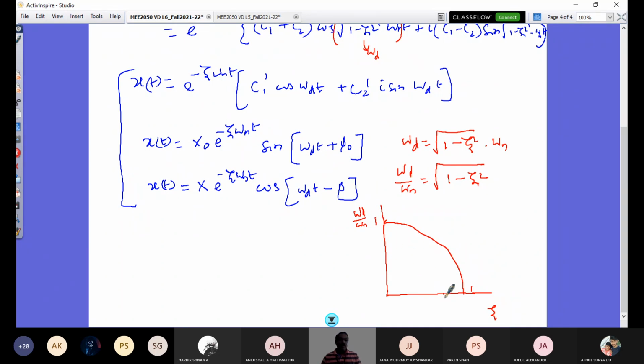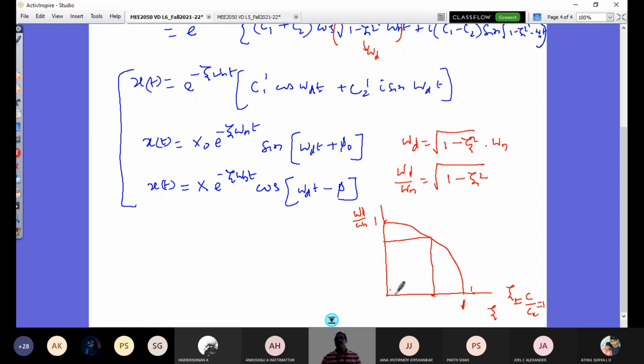And why do I have to take from 0 to 1? Because zeta 1 corresponds to C by Cc equals 1. That's critical damping. So for any value within this, I can get the corresponding value of the other. So when omega d by omega n is 1, what does that mean?